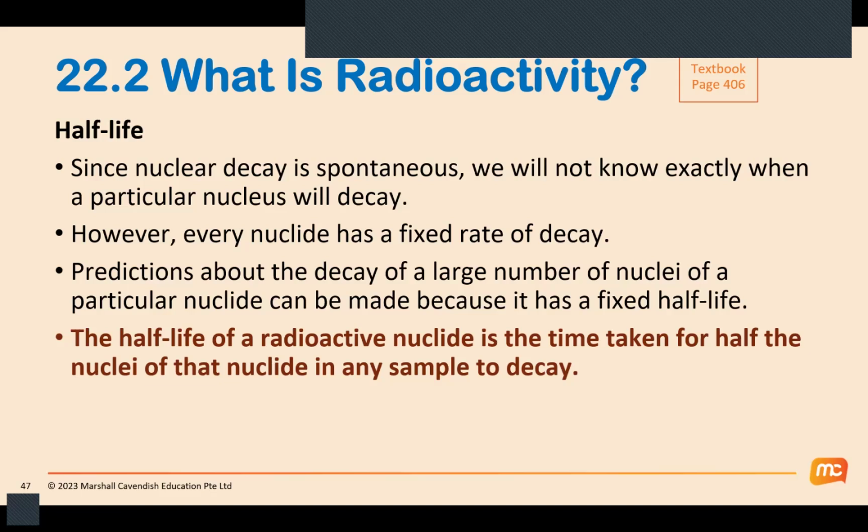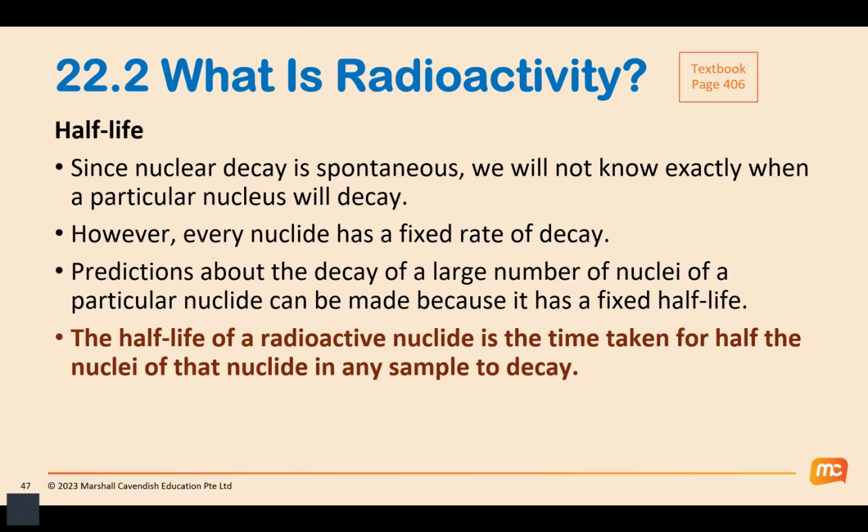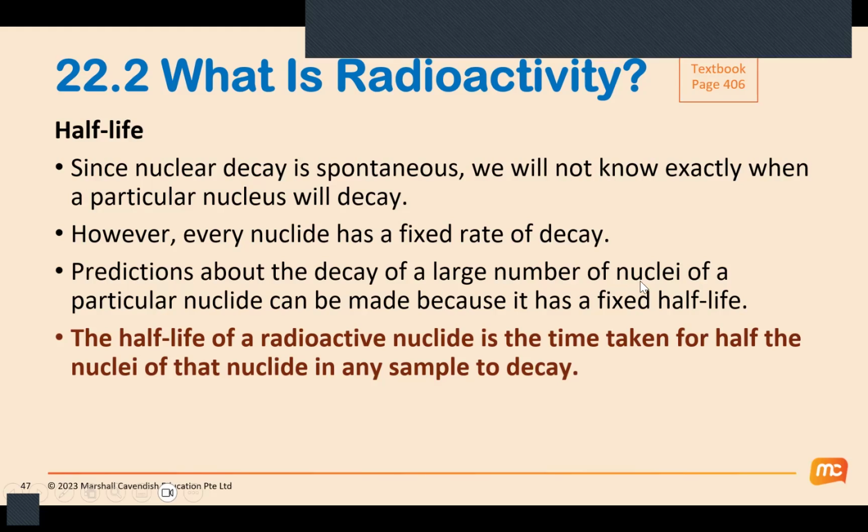That means over a long period of time, the amount of nuclei undergoing decay is quite fixed for different radioactive nuclei. So prediction about the decay of a large number of nuclei can be made because it has a fixed half-life. So what exactly is half-life?